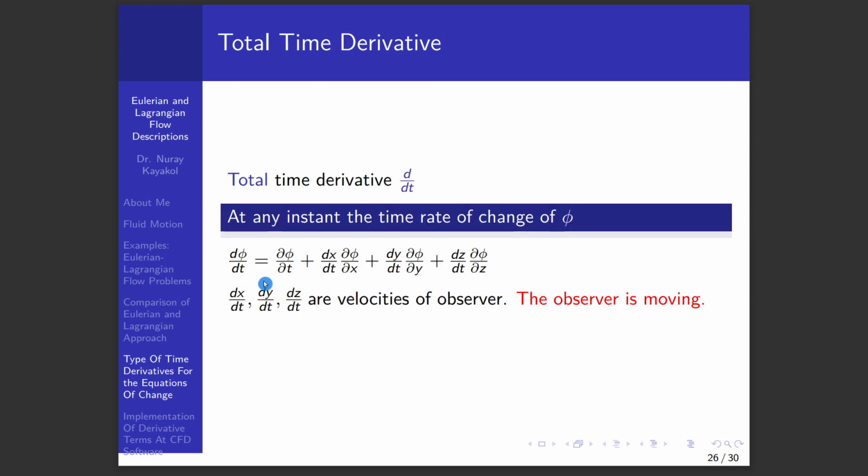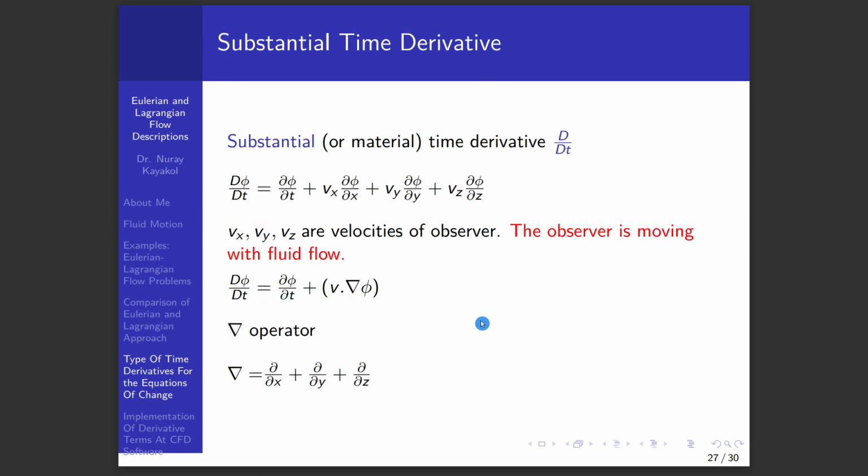If we compare this to the total time derivative, the velocity of the observer was changing. It has nothing to do with the fluid flow velocity, but in the substantial derivative, the observer is moving with the fluid flow.